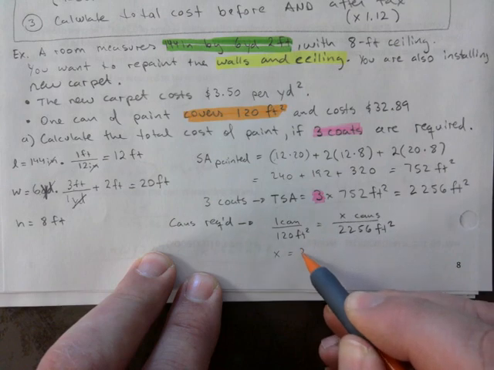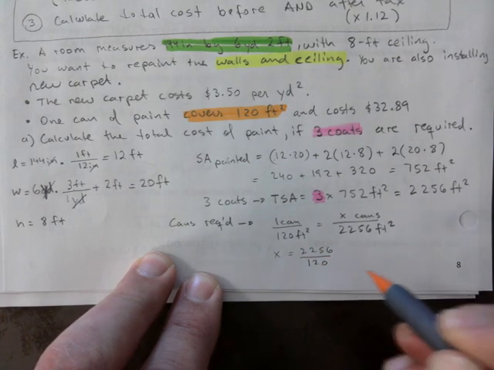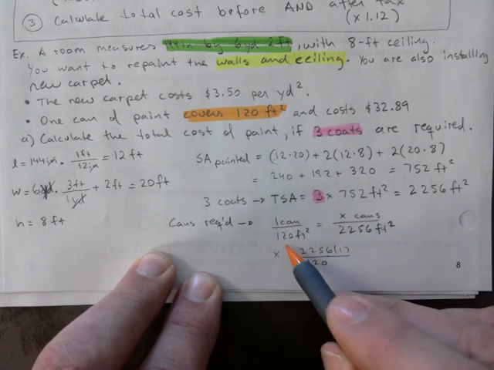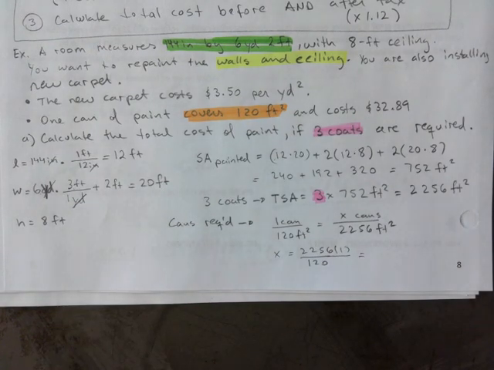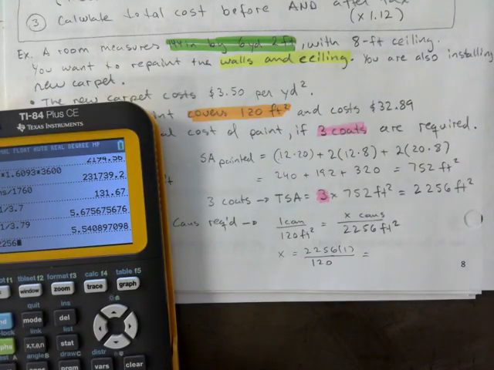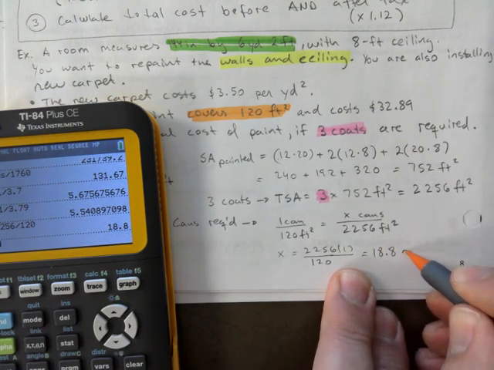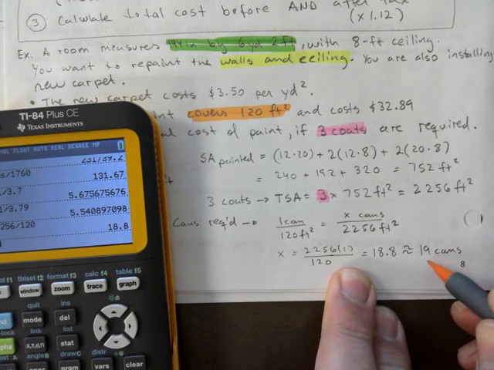So that would be 2,256 divided by 120. There's technically a times 1 happening, right? This times 1 divided by that. I'm going to use the fancy calculator here. 2256 divided by 120. That's 18.8, which would be approximately 19 cans that are required.